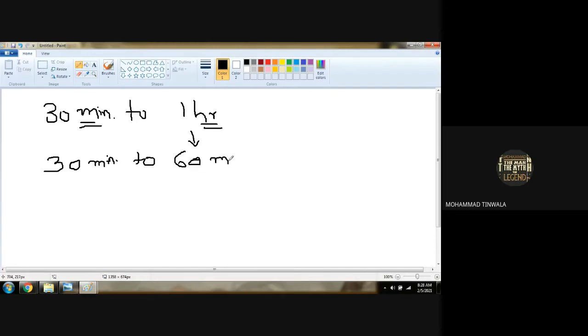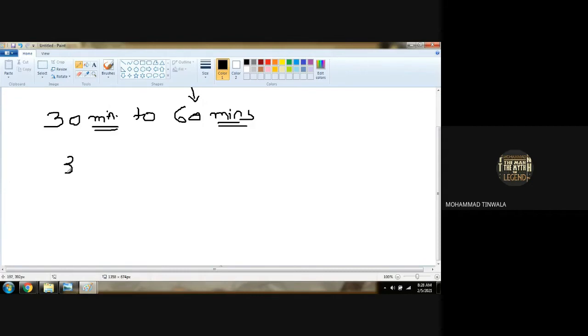Can I say 1 hour is equal to 60 minutes? Now units are same, minutes, minutes. So when units are same, can we take it into division form? 0, 0 got cancelled, 3 ones are 3, 3 twos are 6. So 1 upon 2, can I say 1 is to 2 is the answer?